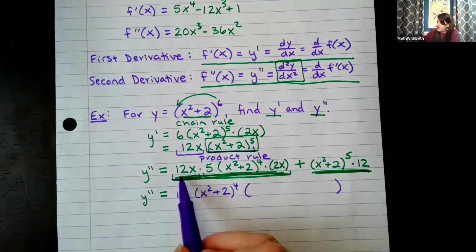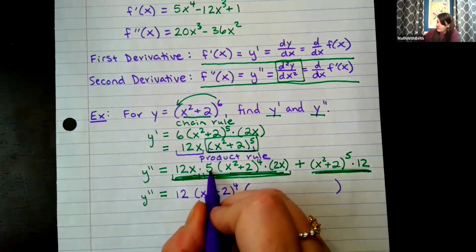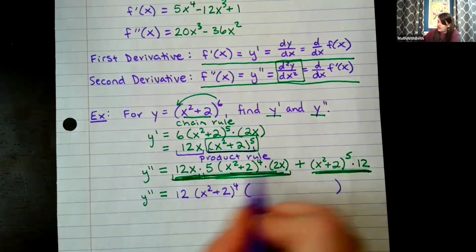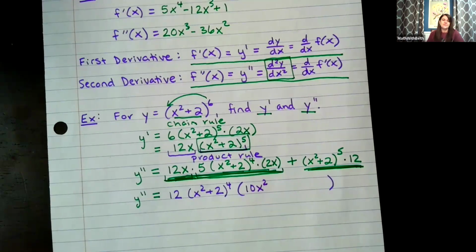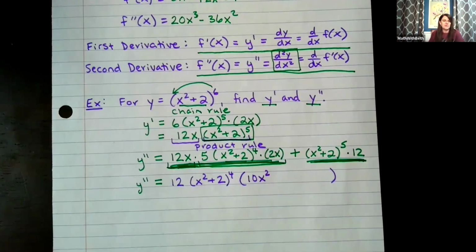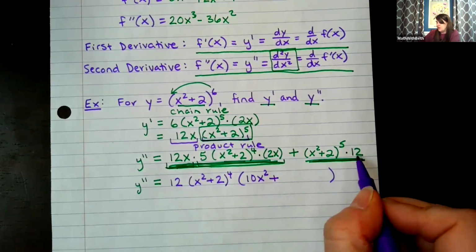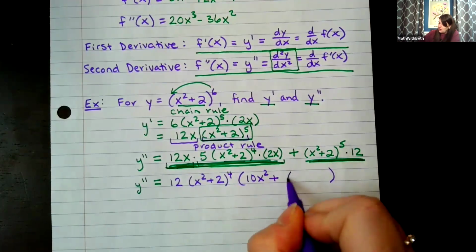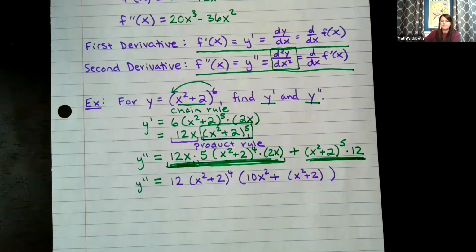Over here, if I take out the 12 and this to the 4th, I would still have a 5, an x, a 2, and an x. So I'm just going to go ahead and put all that together, because 5x times 2x would be 10x squared, plus over here, if I take out the 12 and 4 of these, all I'll have left is 1 of those left.